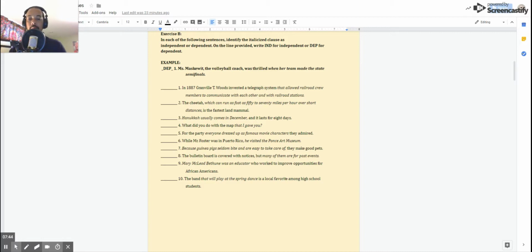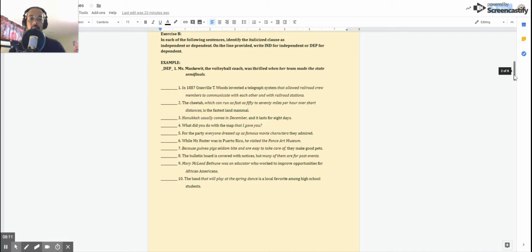But the small clause here does have 2 verbs, bite and are, and it has a subject, guinea pigs. Guinea pigs seldom bite and are easy to take care of. It has the subordinating conjunction because, and we recognize that relationship is a little bit different. We have to say that word with the rest of the clause. And whenever you put all of that together, it doesn't make sense, which means it's a dependent clause.